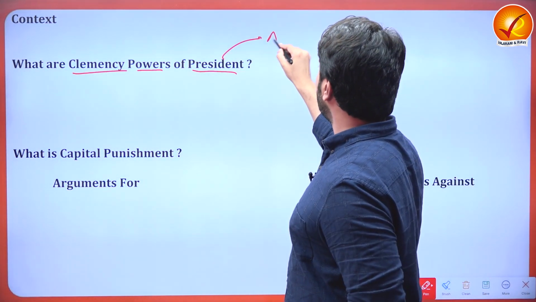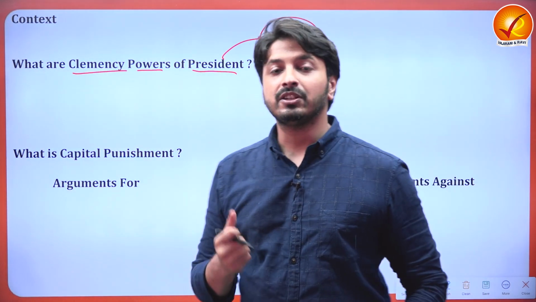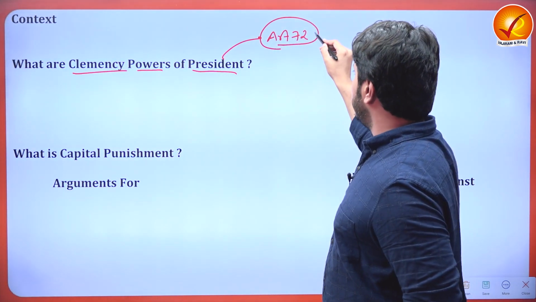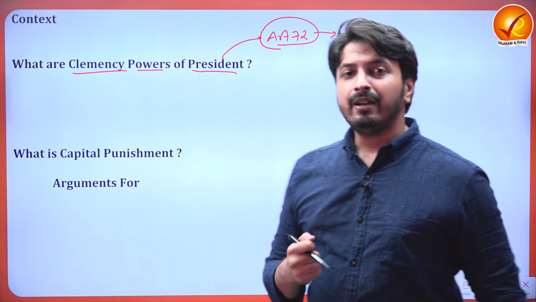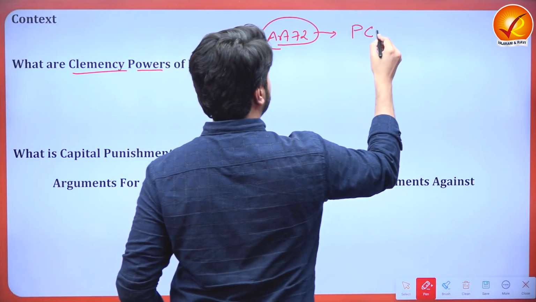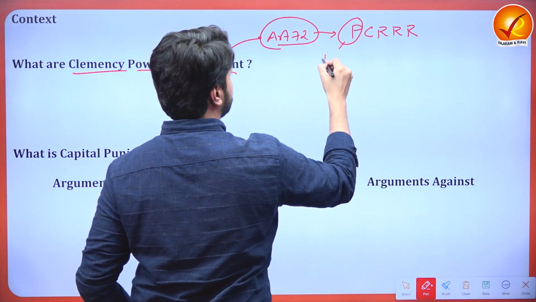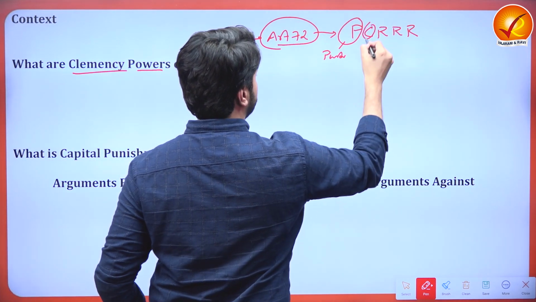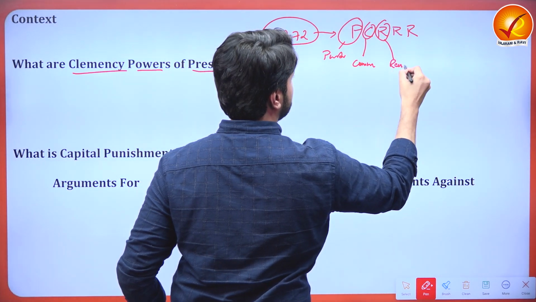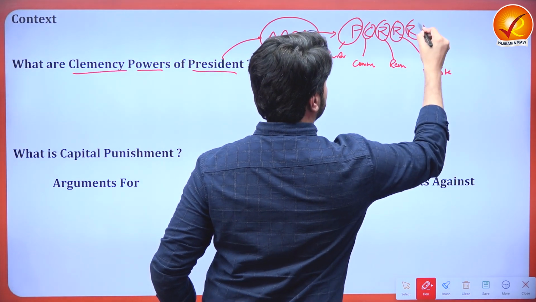Article 72 of our Constitution provides the clemency powers to the president, who is the head of the state and the head of the executive. He or she will be able to provide pardon, relief, or, there is one very good acronym for it, PCRRR: the President of India is empowered to provide pardoning powers, to commute the sentence, to provide remission, respite, and reprieve.